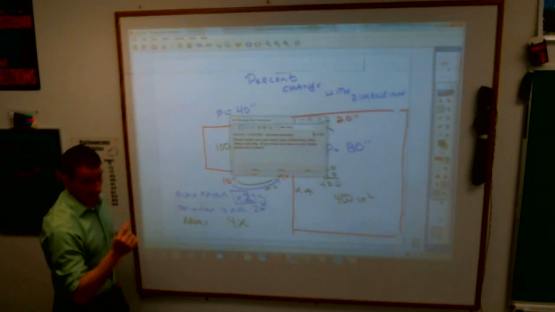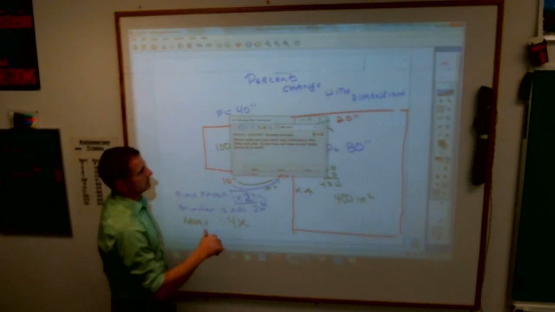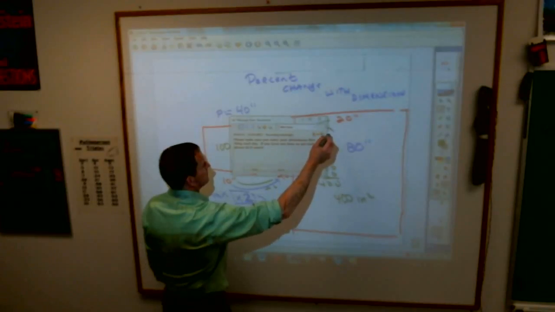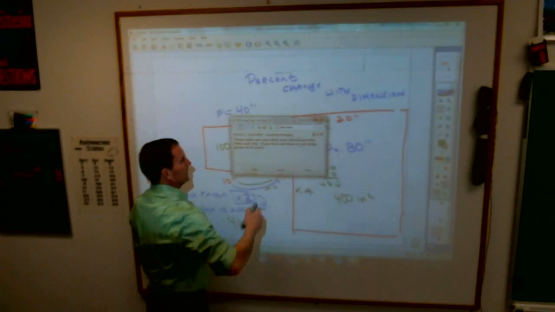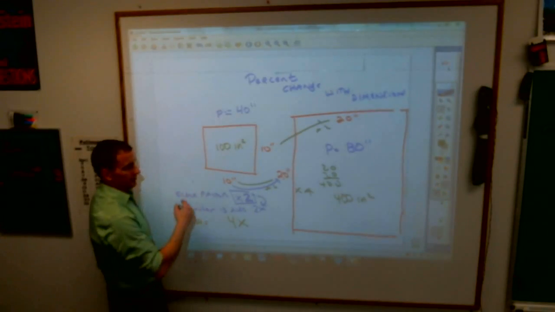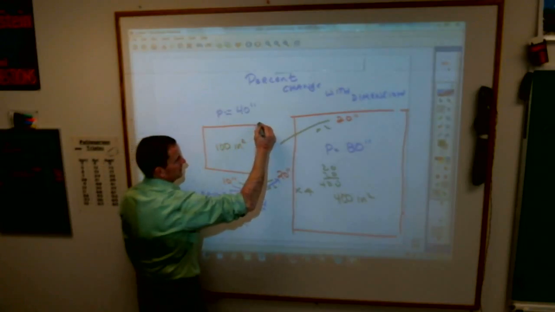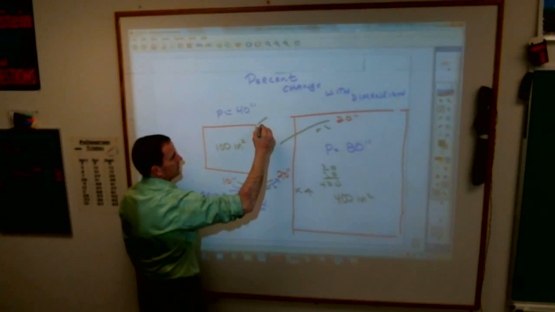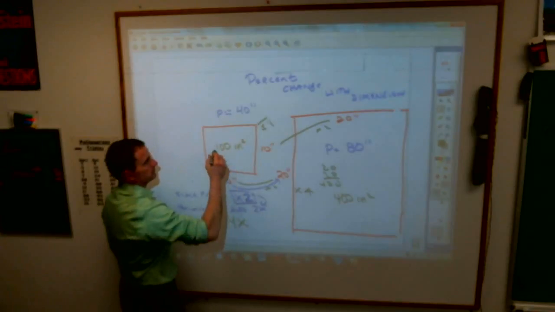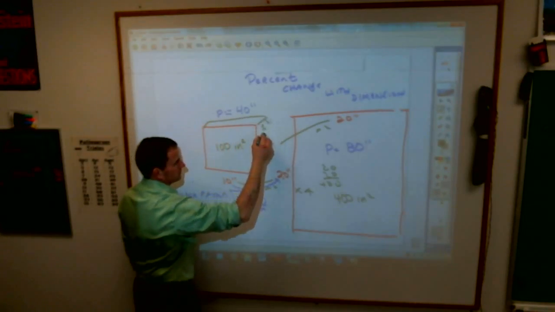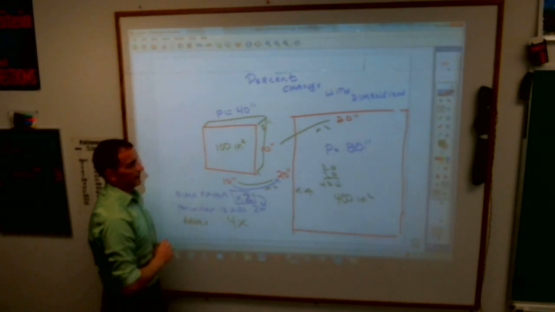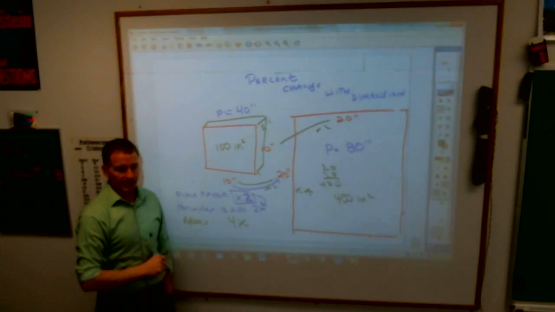Now let's do the volume of this pizza. Let's say the pizza is 1 inch thick here. If I double 1 inch thick, what do I get?